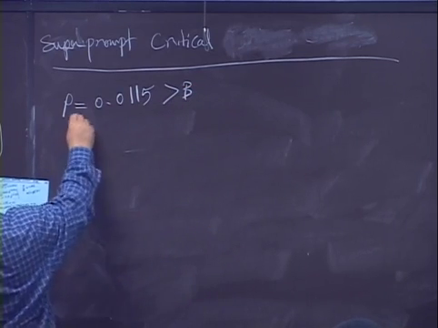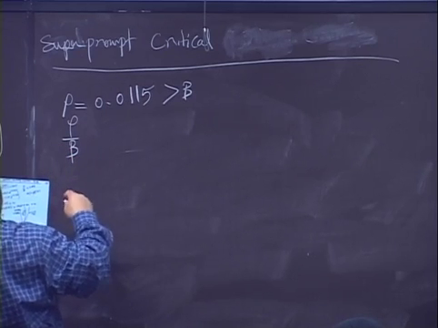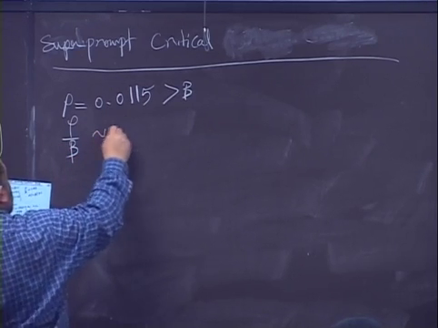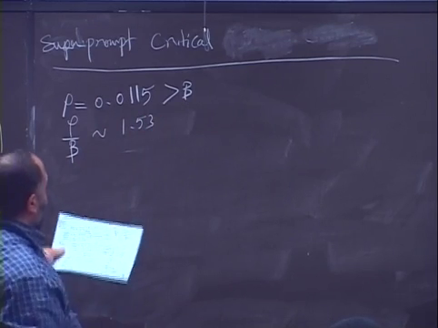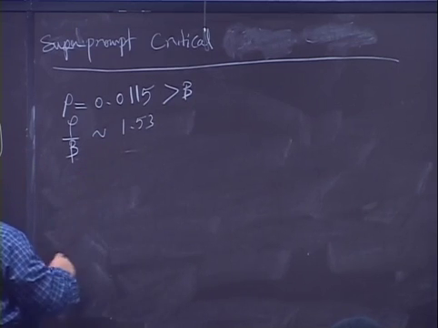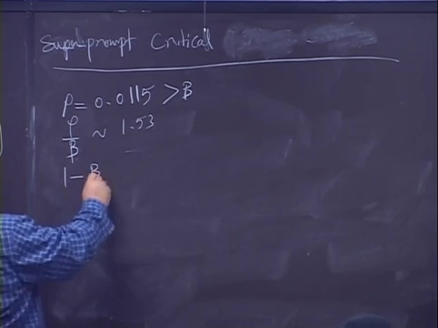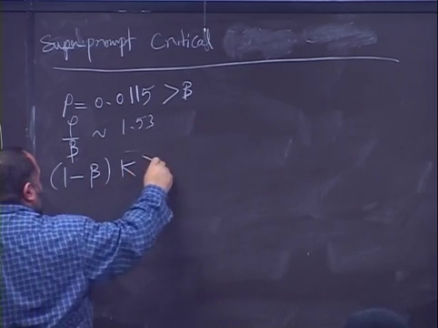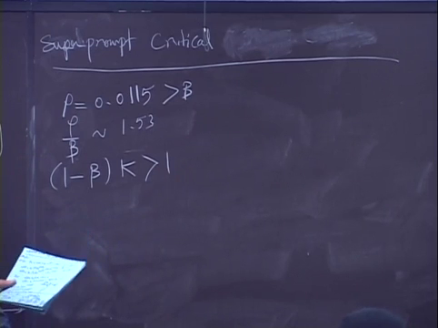If you divide rho by beta, and beta is 0.0075 for uranium-235, you will obtain 1.53, the value here. So this is rho greater than beta by 1.53, and this is 1 minus beta multiplied by the multiplication factor is greater than 1. So you are super critical on those.